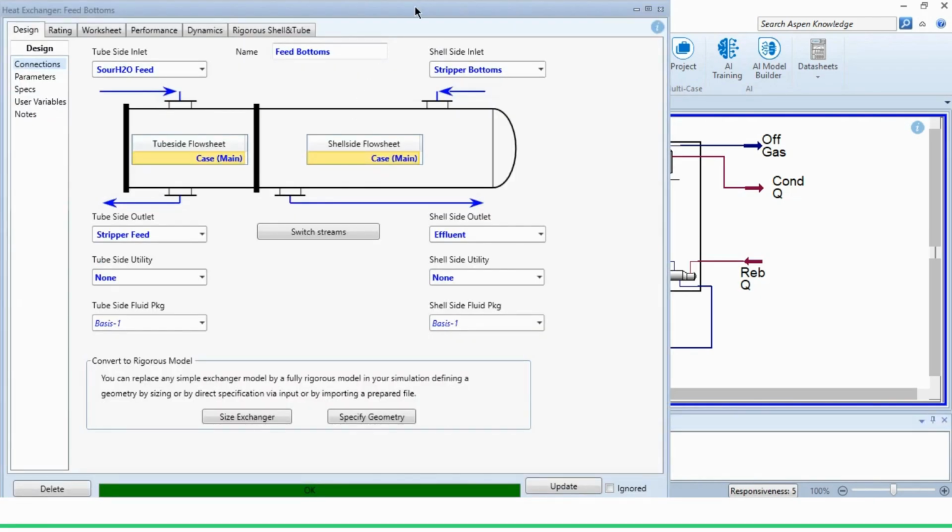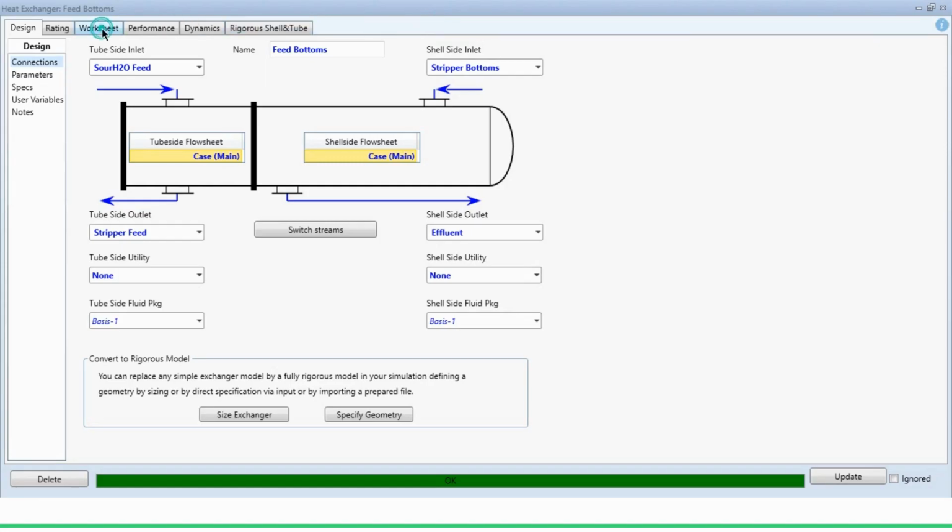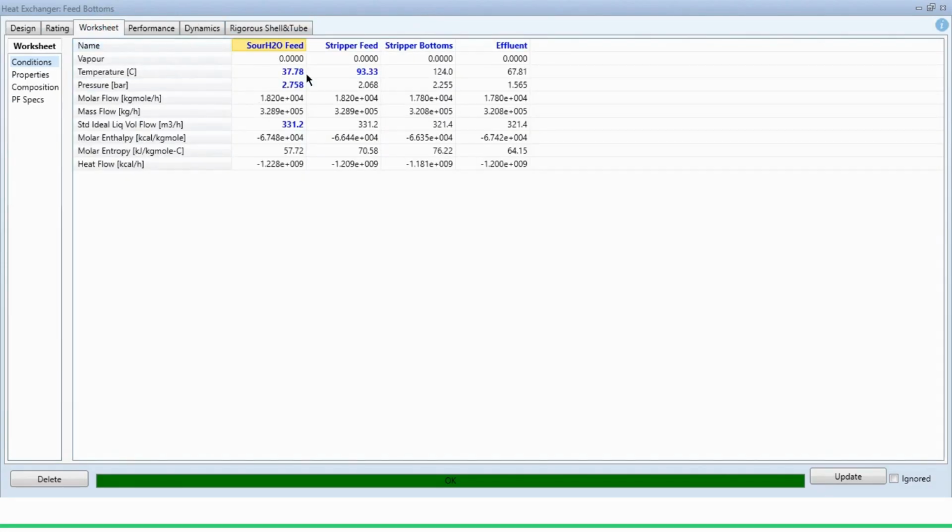Once we open this preheater and go to the worksheet, the temperature is increased from 37.78 to 93.33. The pressure is dropped from 2.758 to 2.068. The rest of the flows and compositions remain the same.